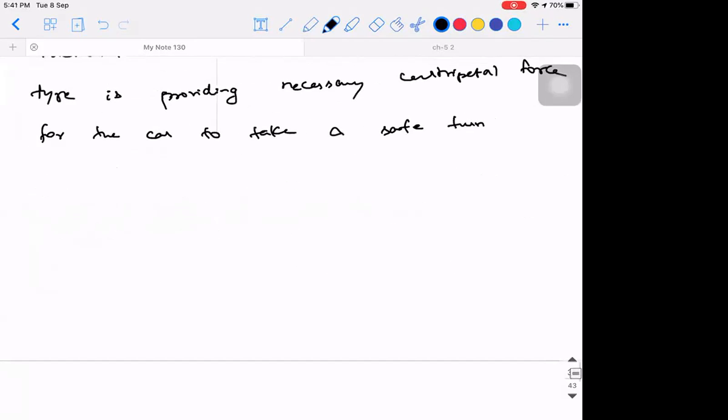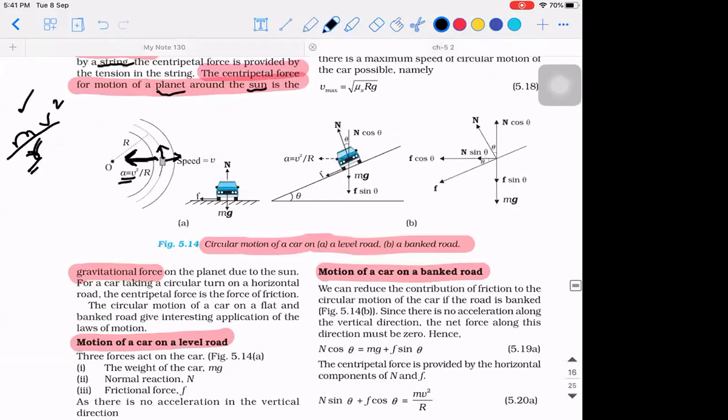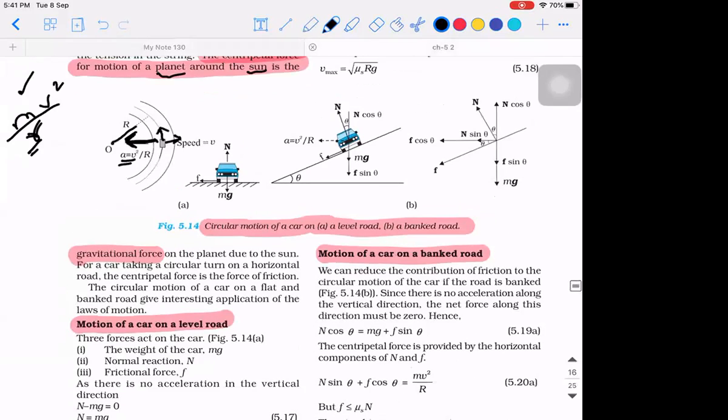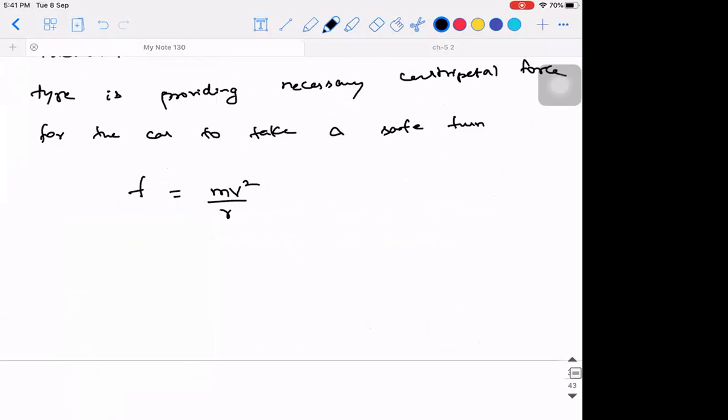So mathematically, F friction is equal to mv square divided by r, where r is the radius of the circular track on which the car is trying to take a circular turn.